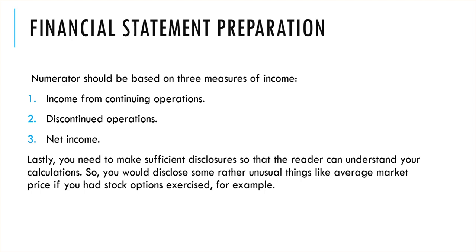You're going to be showing your basic earnings per share, where the numerator instead of net income includes either income from continuing operations or discontinued operations, and then also net income, as we did it in class, net income minus preferred dividends. And then you're going to have to do the calculations also based on the fully diluted amounts.